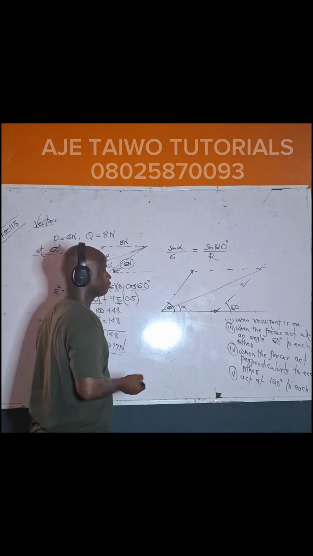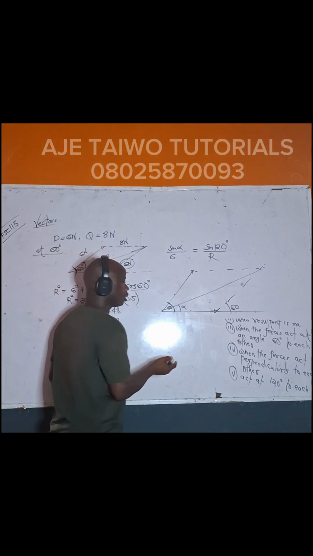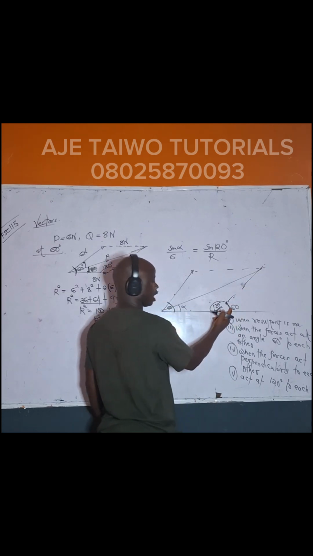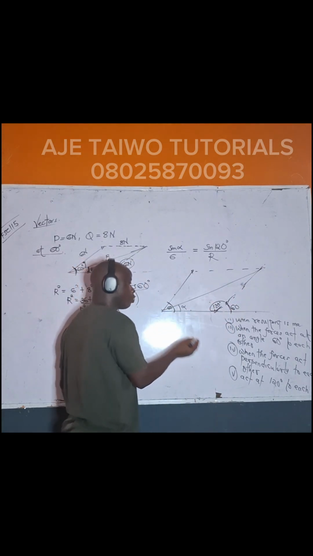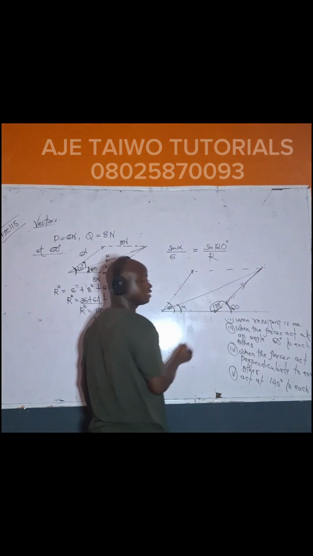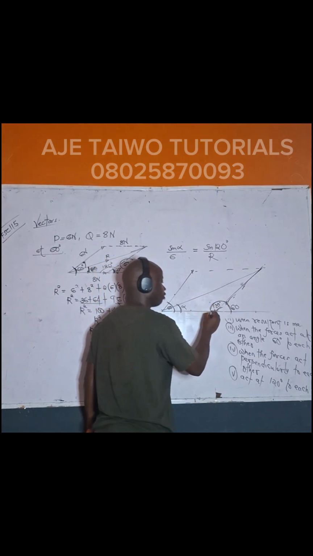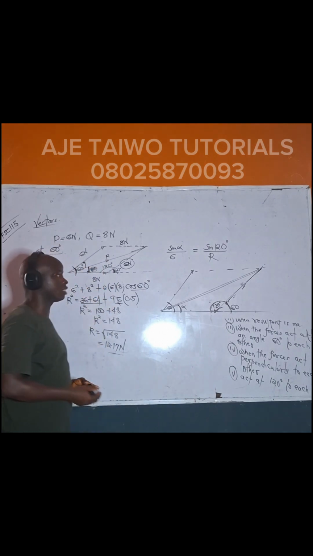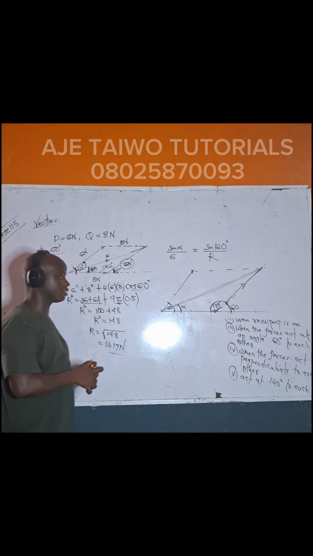And I said, if here is 60, here will be what? 120, because it's a straight line. And I'm going for sine of this over the side that faces it equals sine of this over the side that faces it. That was what I did on the board here. Is that okay, class?